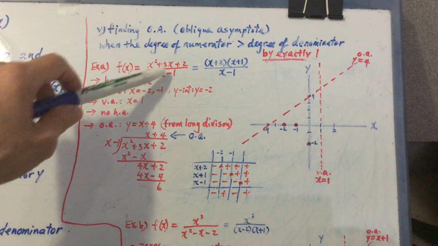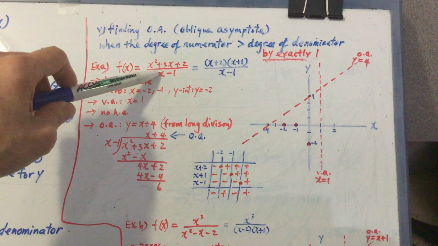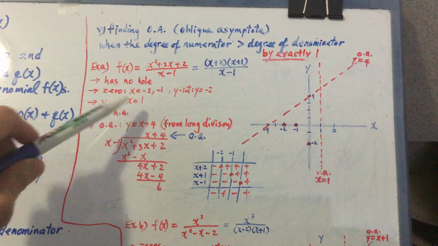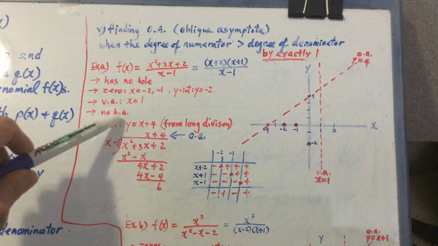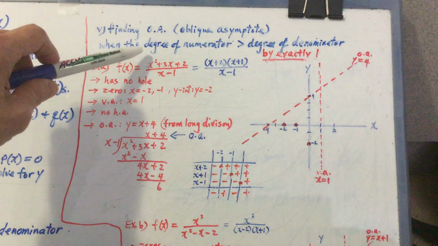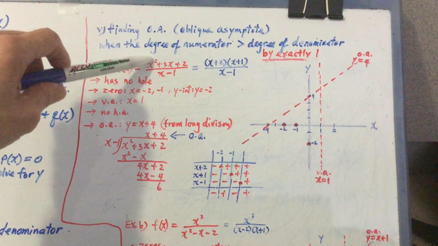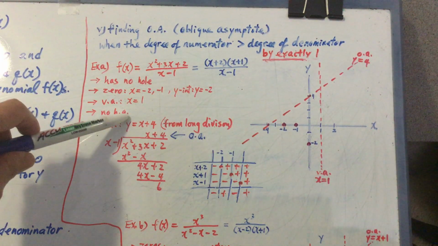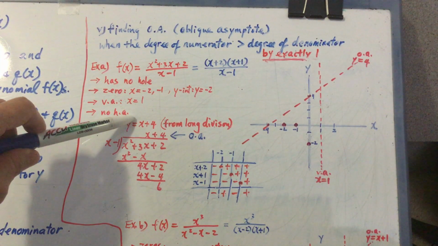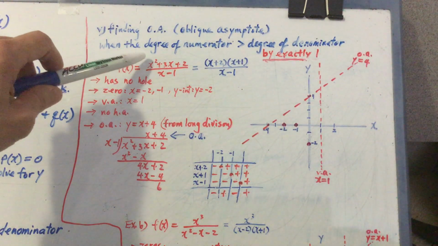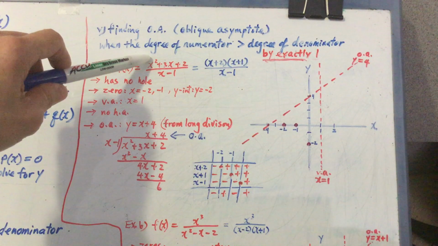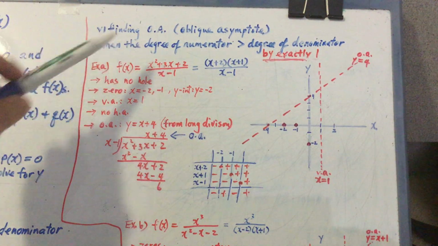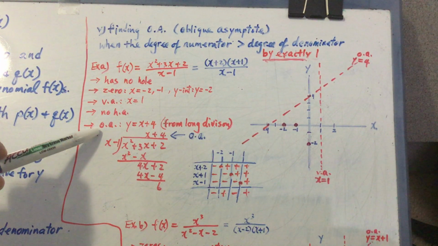Vertical asymptote: what makes the denominator turn into 0? x minus 1, so x is equal to 1. And there's no horizontal asymptote because the degree of the numerator is greater than the degree of the denominator. But because the degree of the numerator is greater by exactly 1, there will be an oblique asymptote.